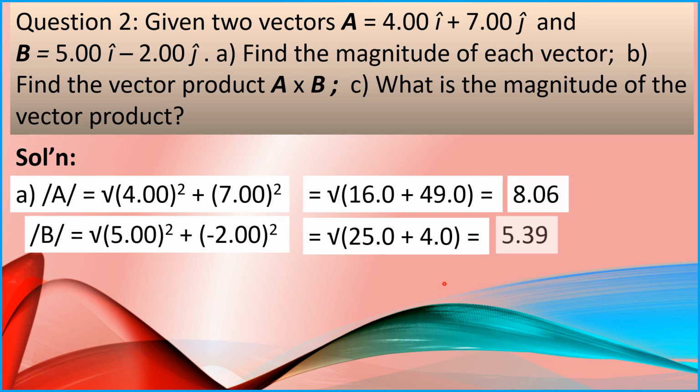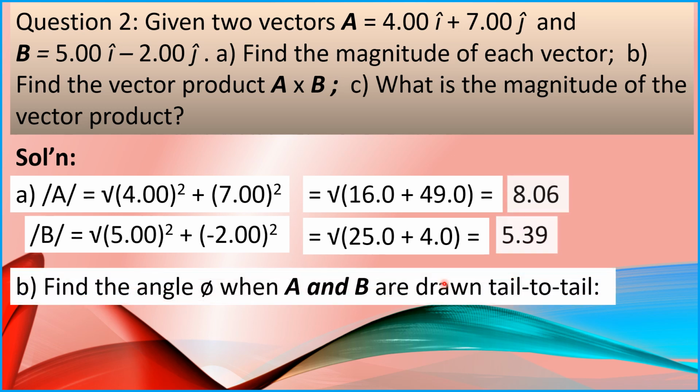All right, then let's proceed answering letter B. We are asked to find the angle phi between the two vectors, vector A and vector B. Now, in doing this, we assume that in your diagram, you have to draw the two vectors in such a way that they are connected tail to tail, right?